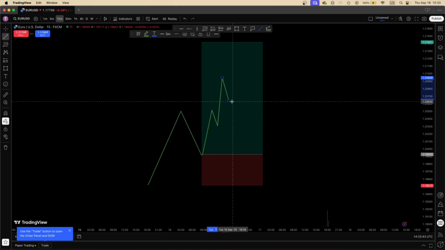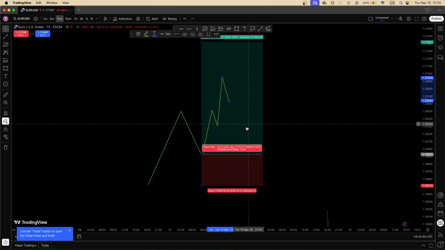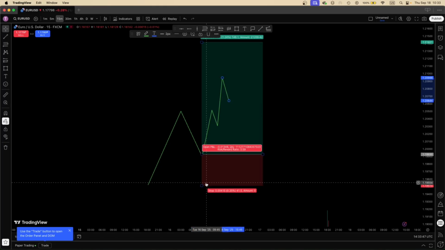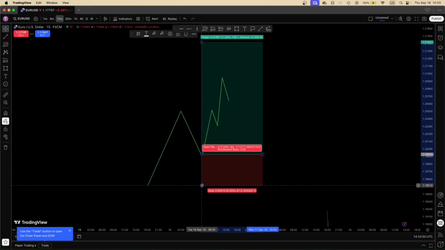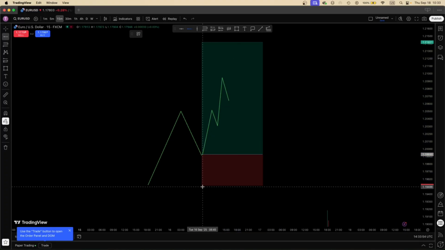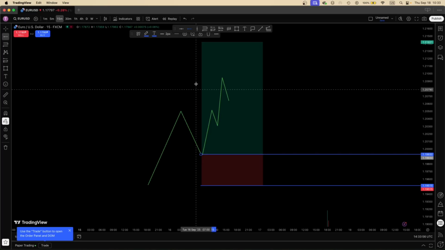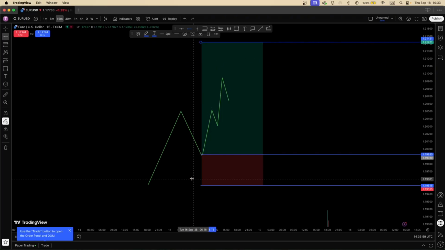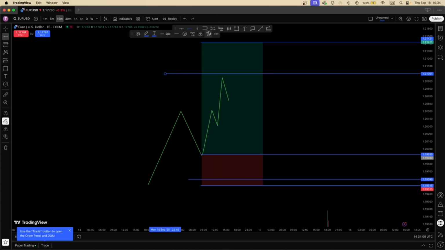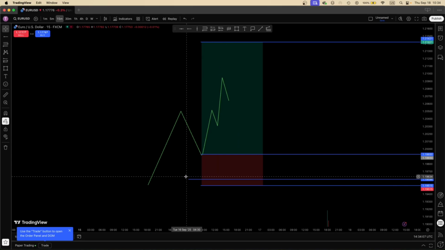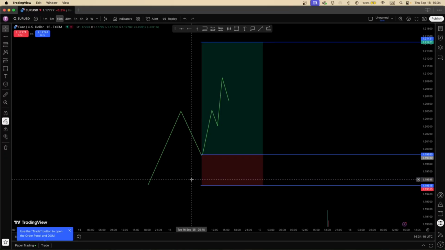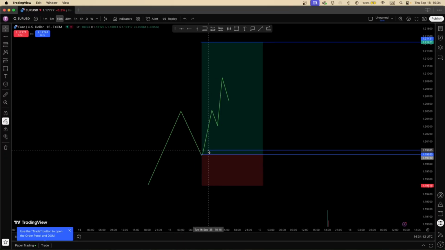So now you feel that I should minimize my risk to a risk-free trade. So what you can do is, let's say your stop loss is here, your entry level is here, and your take profit is here. You can take your stop loss and put it above your entry price.